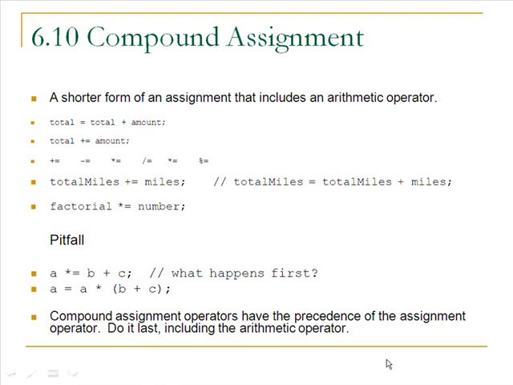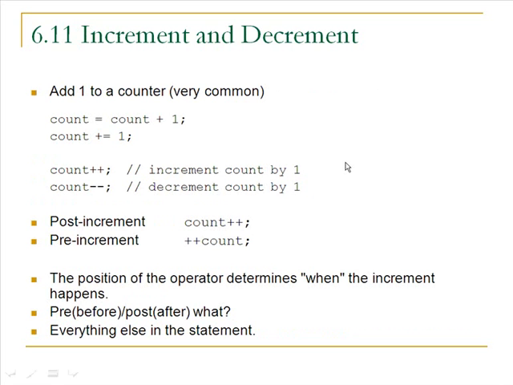When you expand this particular one, we're going to expand it to A gets A times, and then in parentheses B plus C. So what is on the right of the assignment is going to happen first, and then the assignment operator, including the arithmetic part of the assignment operator. In this case, A times whatever is on the right of the assignment.